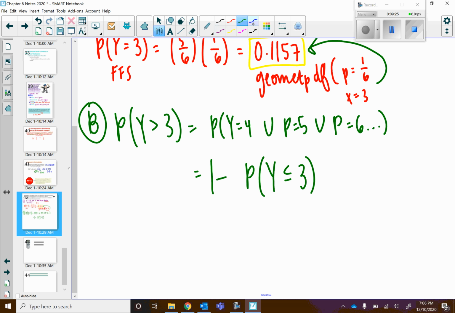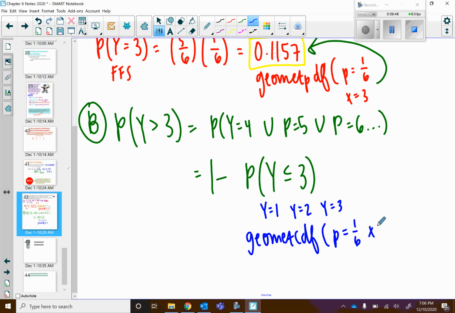And this we can either find by finding the probability that y is equal to 1, y is equal to 2, or y is equal to 3, and adding those 3, or probably the better option would be to use our geometric CDF for cumulative, where the probability of a success is 1/6, and the value we are curious about is x equals 3. Remember, cumulative is going to give us everything less than that.